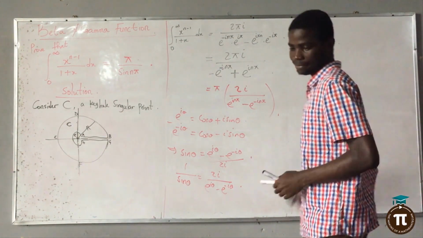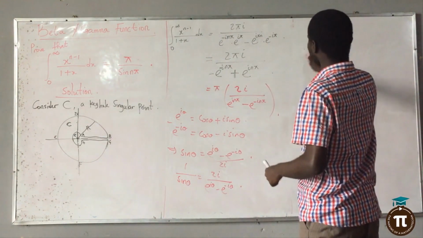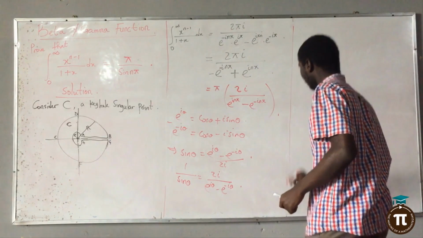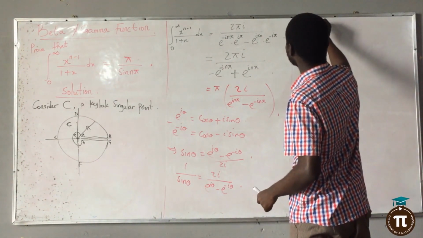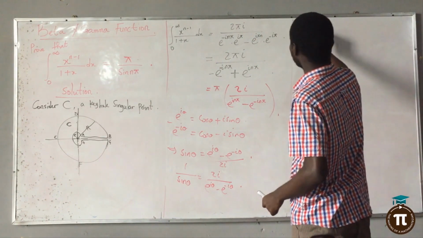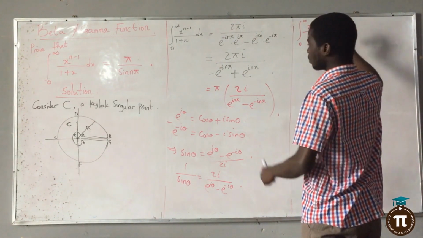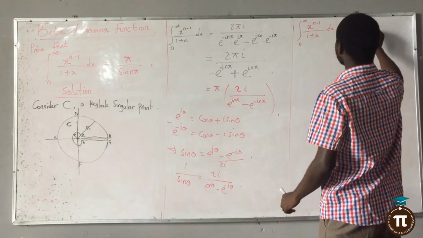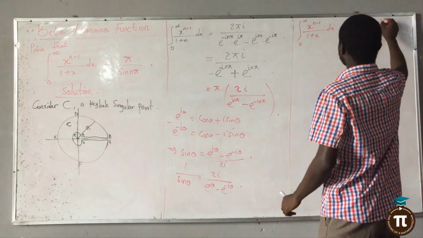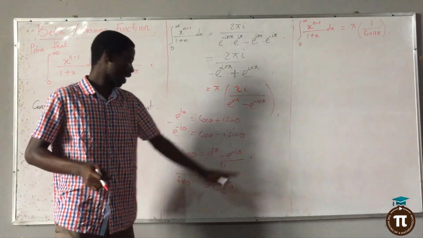Now to round off this particular question, it follows that the integral from 0 to infinity of s raised to the power of n minus 1 over 1 plus x ds must be equal to pi all over 1 over sine n pi. Why is this sine n pi? Don't forget this is i n pi.